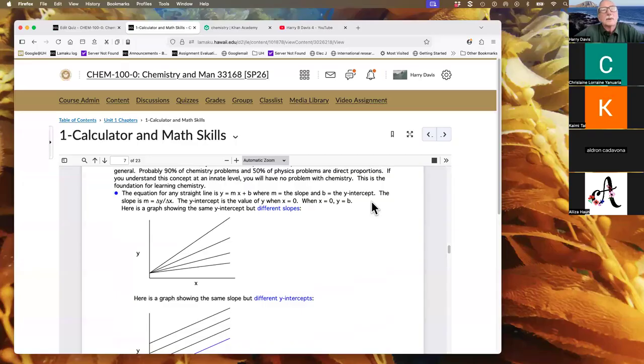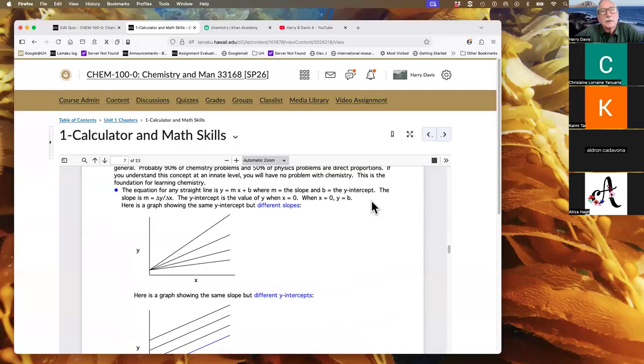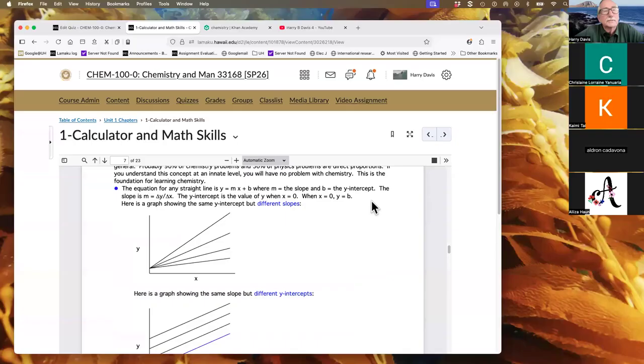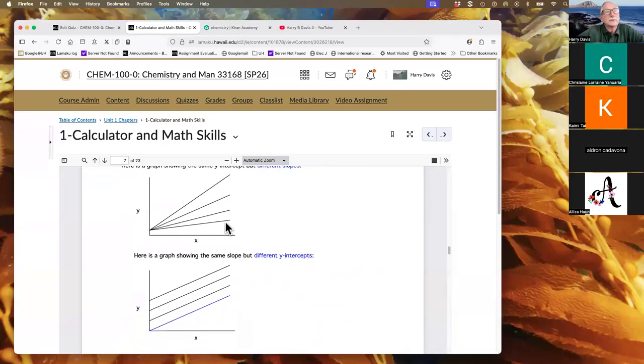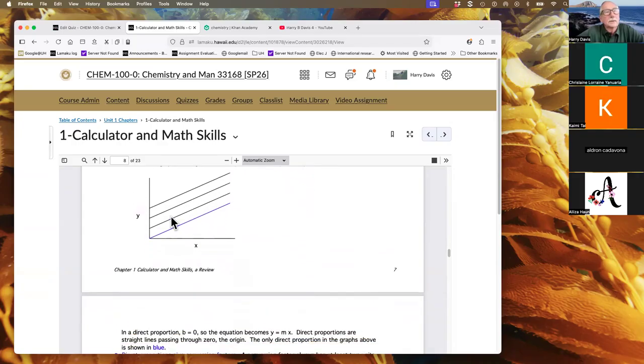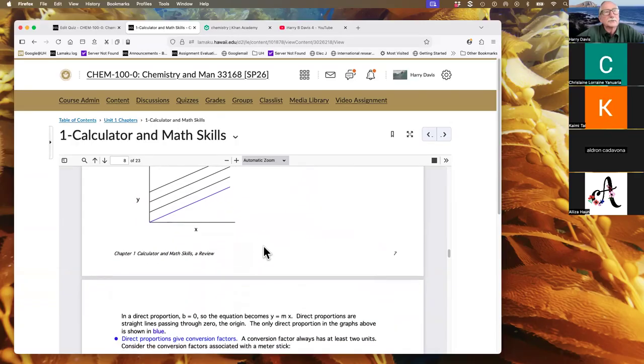So when b is equal to 0, that's when you have a direct proportion. What I'm showing you here is the effect of the slope, different slope but the same intercept. Here is the same slope but different intercepts. And this blue line right here is where y is equal to 0. That's a direct proportion.